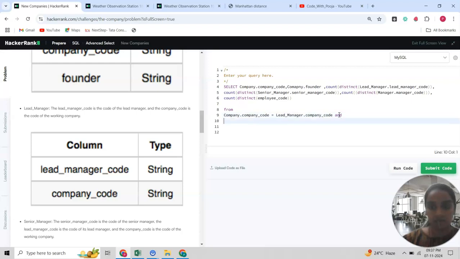So from company, then left join lead manager, and on the condition what? On the condition this.